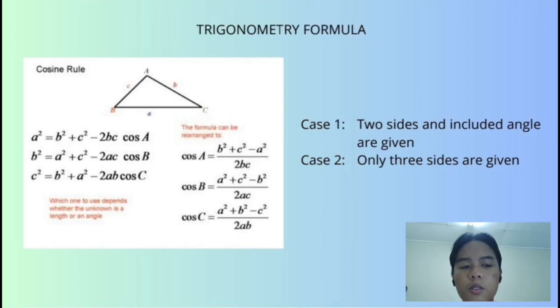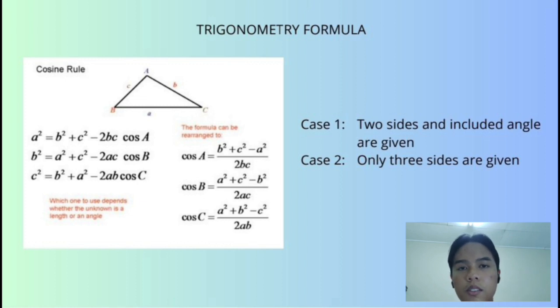The cosine rule can be used to find an angle or a side length. However, there are only two cases where we can use the cosine rule. The first case is when two sides and an angle are given. For this case, the questions usually ask us to find the length of the remaining side.